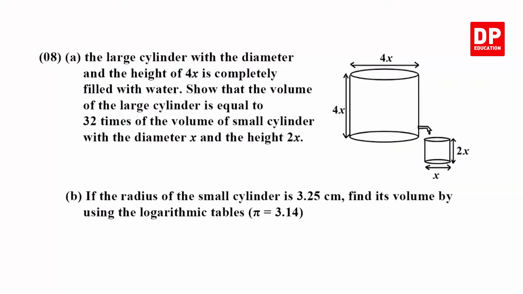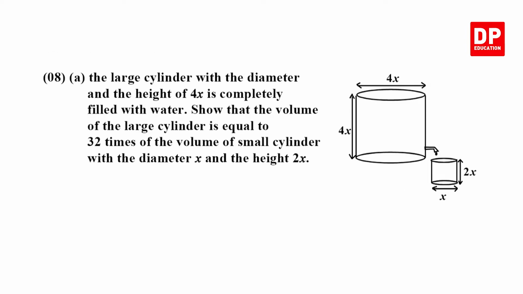Now we'll take question number 8. So this is about volume. So we'll do it step by step. Part A. The large cylinder with the diameter and the height 4x is completely filled with water. Show that the volume of the large cylinder is equal to 32 times the volume of the small cylinder with the diameter x and the height 2x.